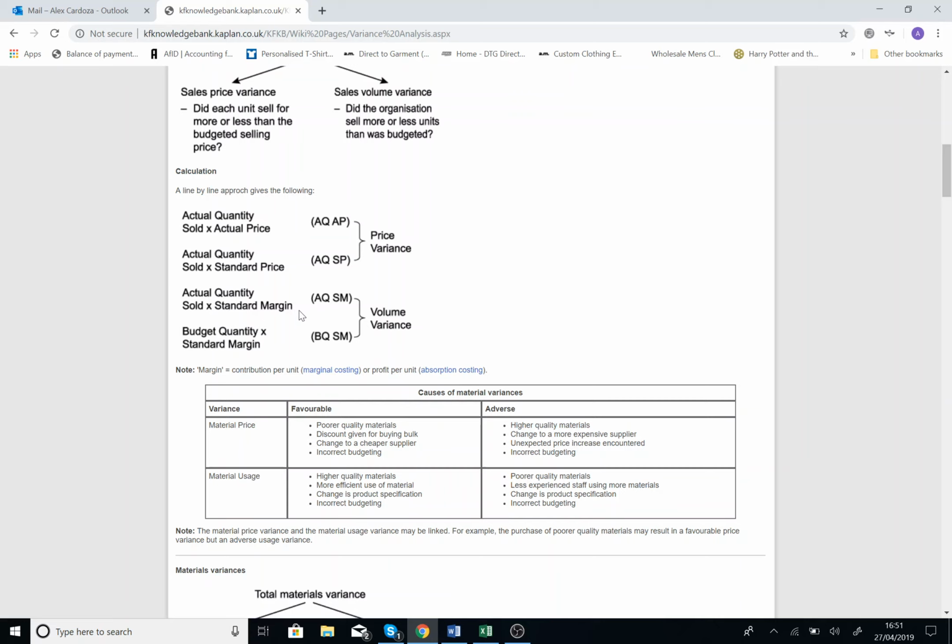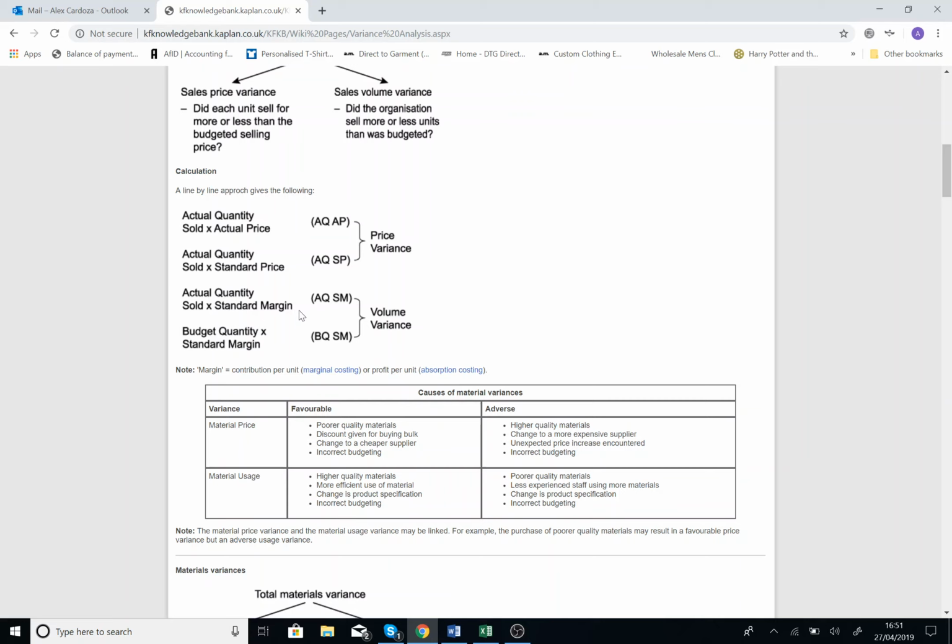We don't use the selling price, we use the margin, because we're comparing the units that we thought we would sell versus what we actually sold, and then we use the profit that we made on them on the budgeting assumptions.